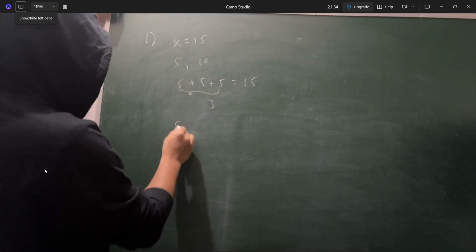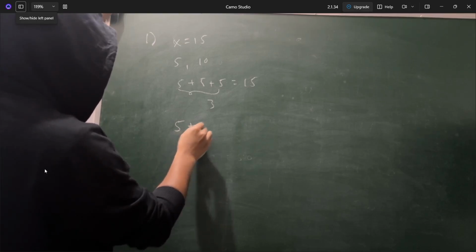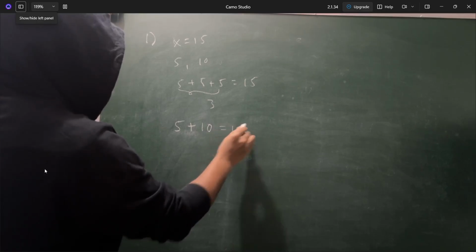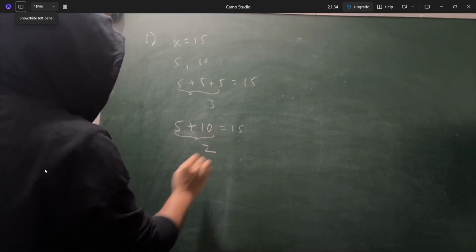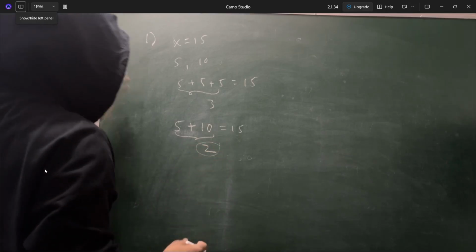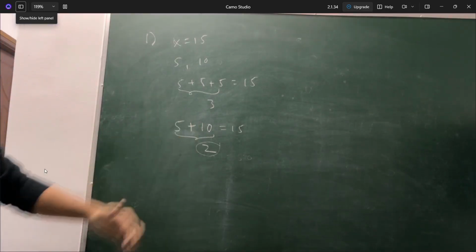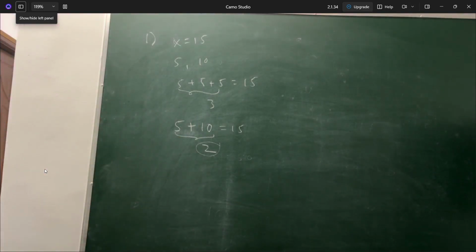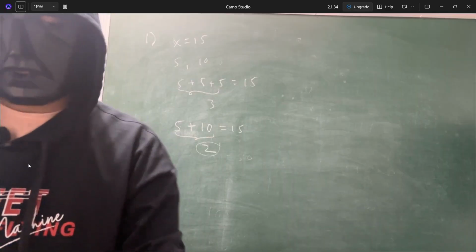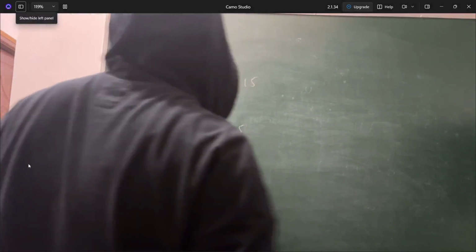Now let's take one more example, wherein he takes a 5 rupee coin, and one more coin he'll be taking is 10 rupees. So again, it is 15, but he'll be paying only 2 coins. So 2 is the optimal answer, right? He'll be spending the minimum number of coins. In the question they've asked, you have to spend the minimum number of coins. So let's first check if it is the answer or not. Yeah, it is the answer.